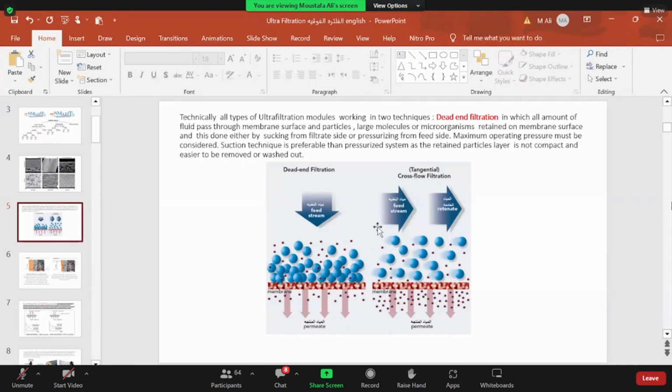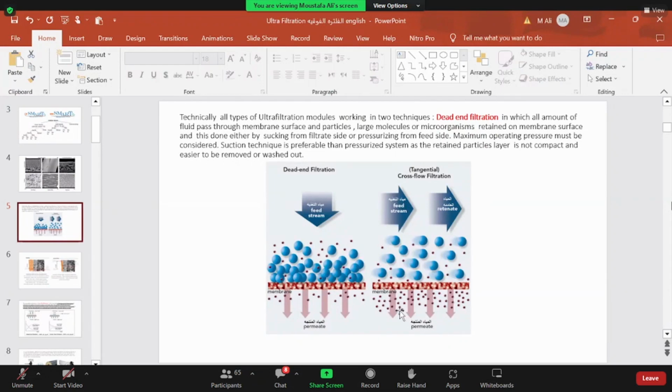So in such a case, as I said, we have feed inlet pressure and retentate pressure. Here we have 100% of the amount of fluid or water on the feed side. There is a certain amount to be filtrated as permeate, and the residue, which is the retentate, has a smaller amount.